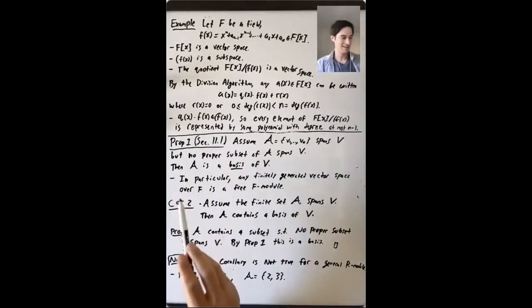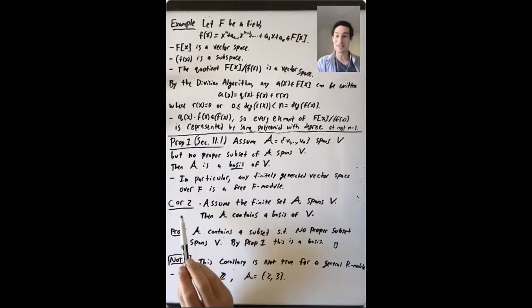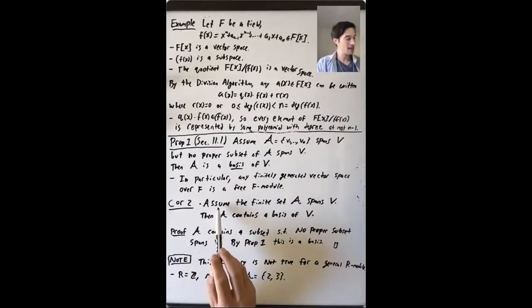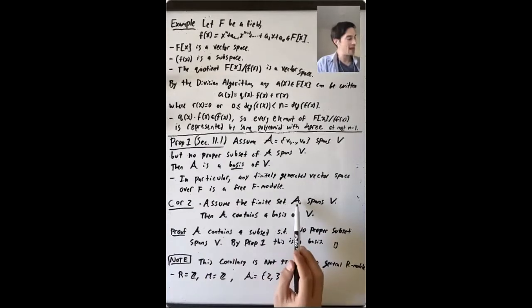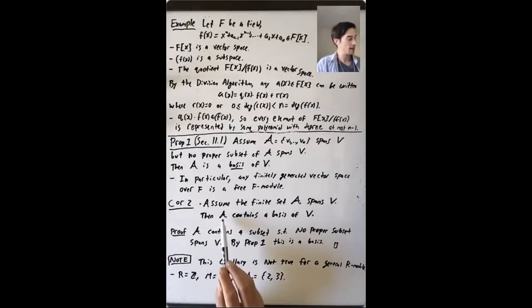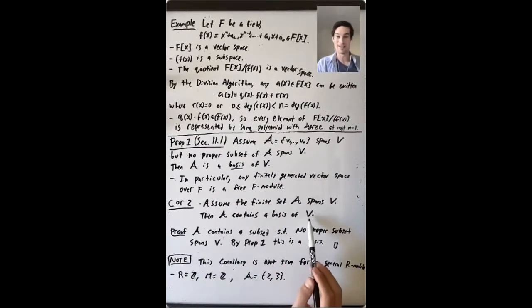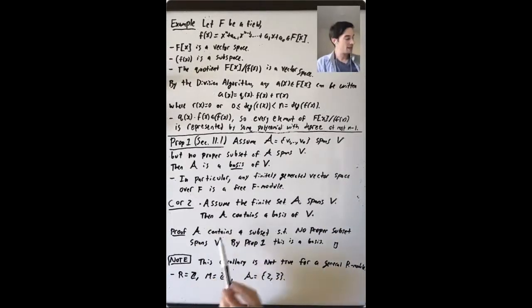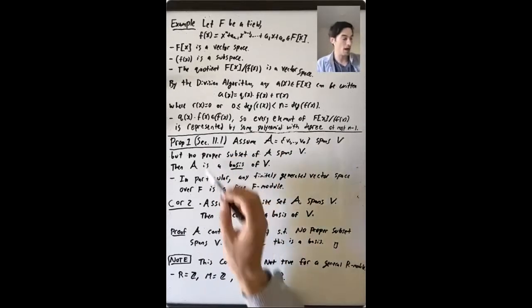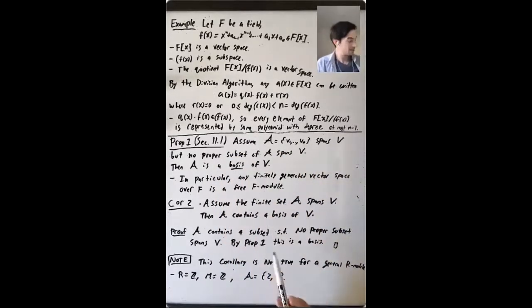Proposition 1 almost immediately leads to this corollary, which says if you have a finite set A that spans V, then A contains a basis of V. So formally, how does that proof go? A contains a subset such that no proper subset of it spans V. By proposition 1, that is a basis. Why does A contain such a subset?